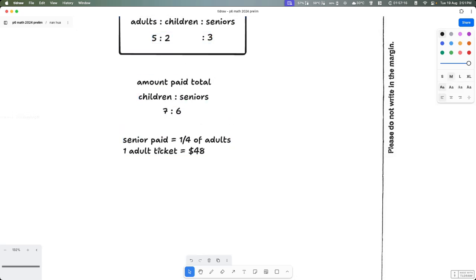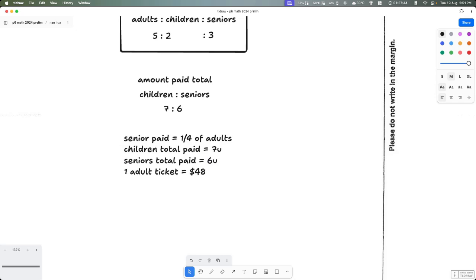senior paid is one quarter of adult. So we know the ratio, right? For children, total paid is equal to 7 units. Okay, and then seniors, total paid is 6 units.